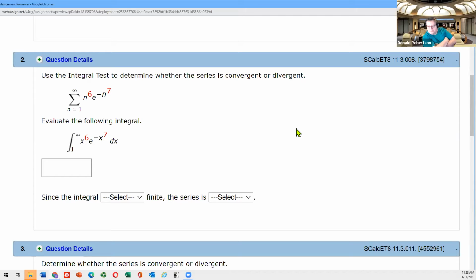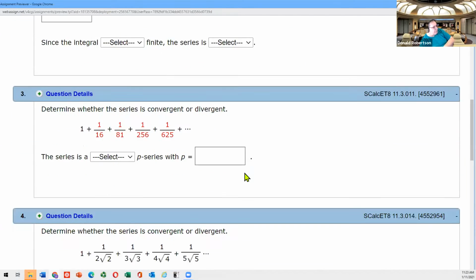What method? I don't need to know the answer, but what method? U sub. Agreed. What's the u sub going to be? Negative x to the power of 7. Yeah, or x to the power of 7 if you want to use x's. Yes. By the way, I believe that will converge.